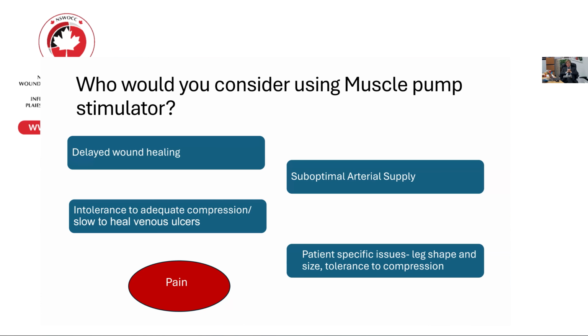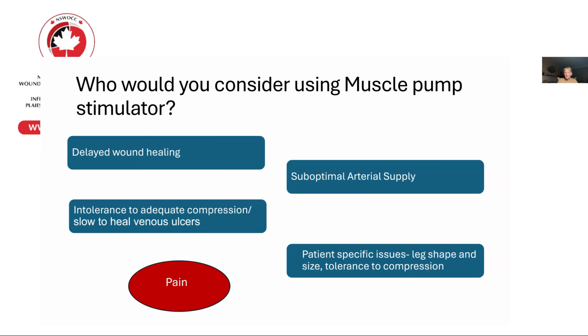And after that kind of procedure, you may actually get reperfusion injury because the tissue isn't really ready for being reoxygenated. That reperfusion injury may take a few weeks, and the Gecko may help you there. But certainly with suboptimal arterial supply, just make sure the patient's not a surgical candidate or that the patient has refused it.